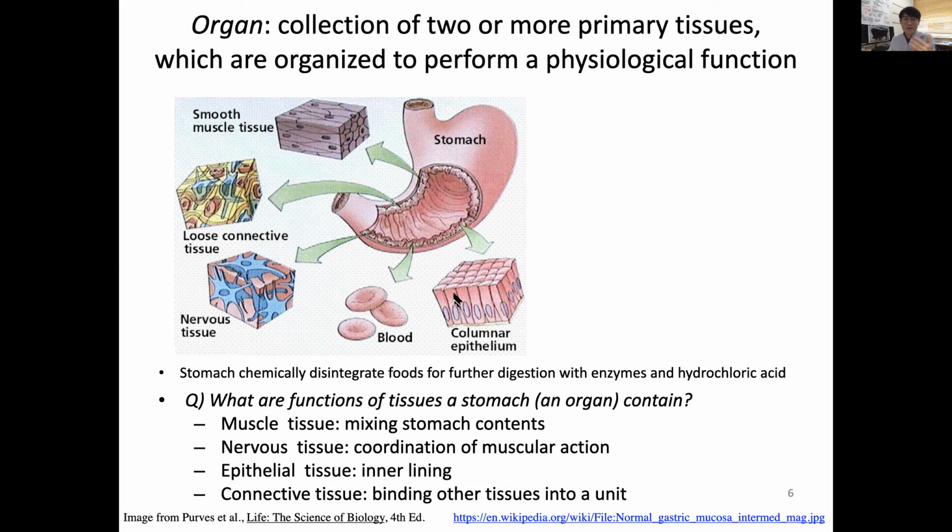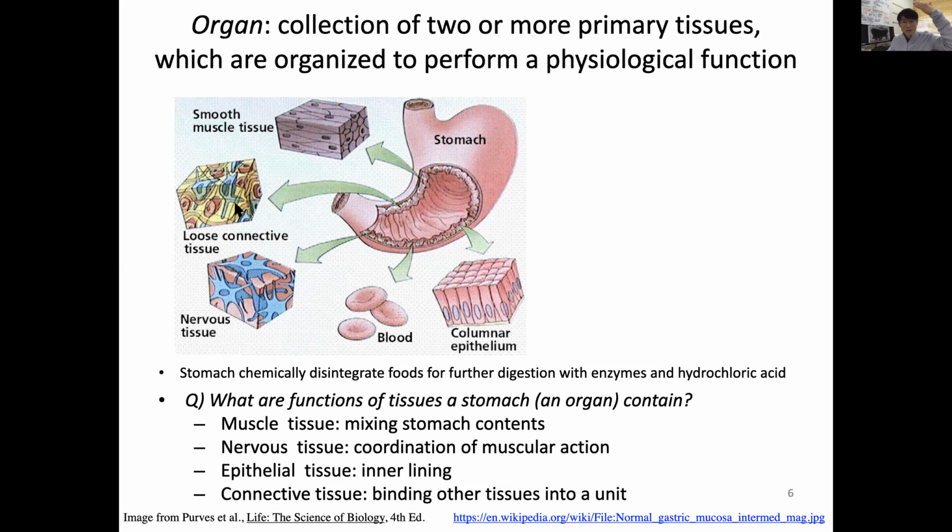So this epithelium should make sure the enzymes don't eat ourselves. They secrete many things to coat the inner side of the stomach. And all this needs to bind these different types of tissue into a unit. That's done by the loose connective tissue.